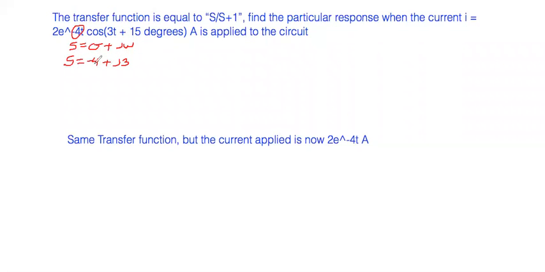So now that we found S, we take this value, negative 4 plus J3, and put it back into our original equation here.